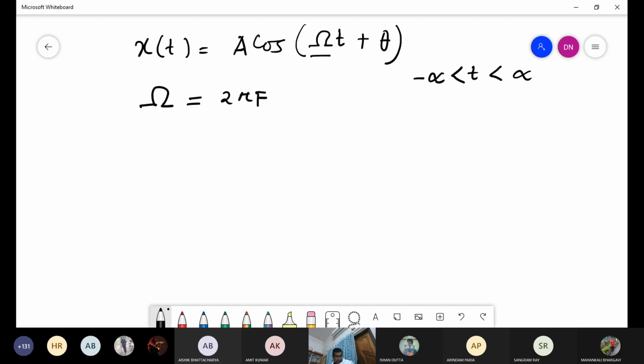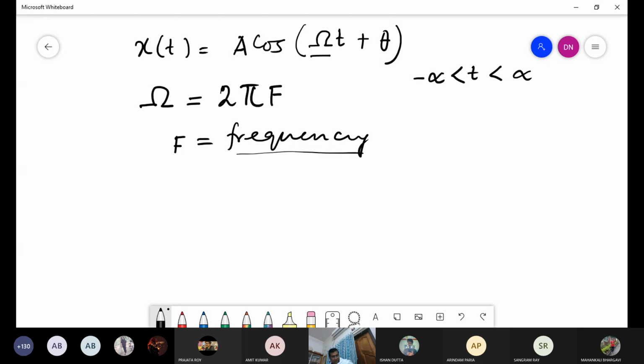This capital F is called the frequency for this time domain signal, and the unit is hertz. So Ω is equal to 2πF. Let me write it clearly. This F is called actually the frequency, you know.